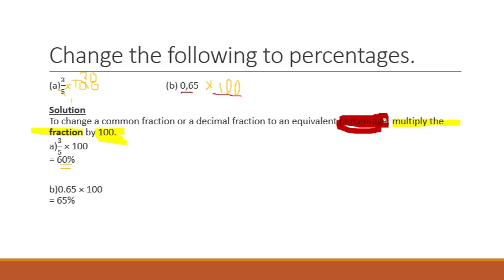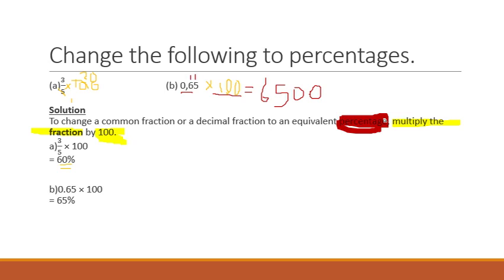It will give us 6,500. Then we come to this decimal fraction and we count how many digits we have after the comma. In this case, we have got 1, 2.